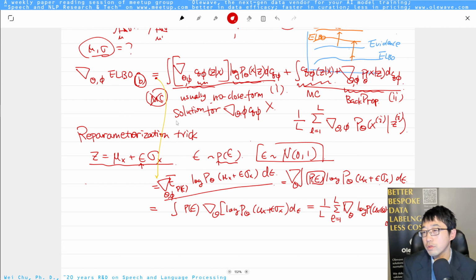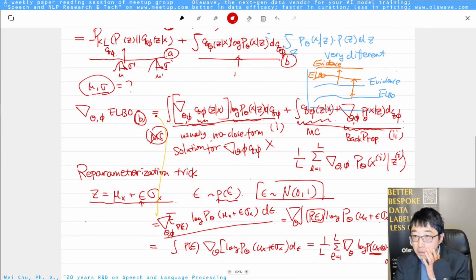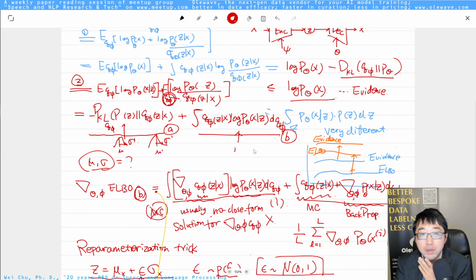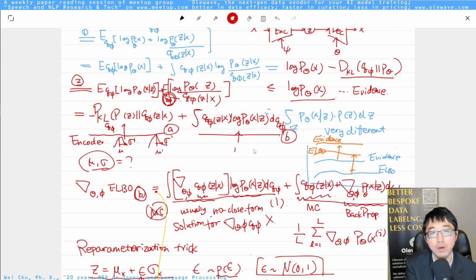Then these two terms can always have a derivative because you pass these things through a neural network, right? Because this is a generation. Are you with me? Yes. I think this term is encoding, right? Encode. This part is the decode.